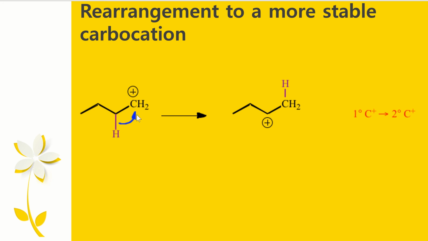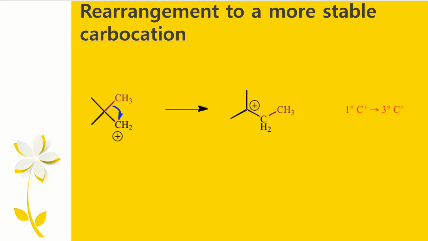And once that hydrogen moves to the adjacent carbon, we move from a primary carbocation to a secondary carbocation. And so that rearrangement is favored because we're going to a more stable carbocation.